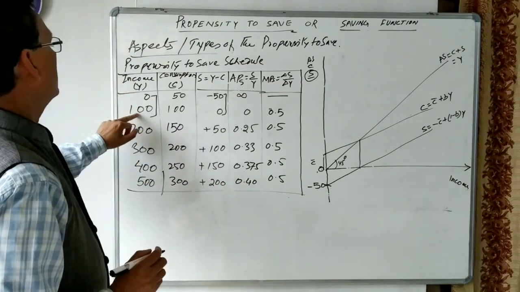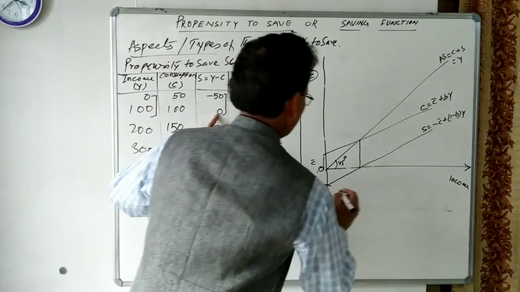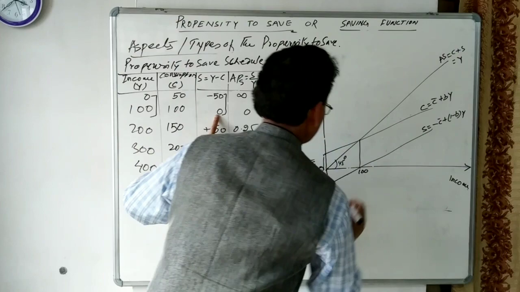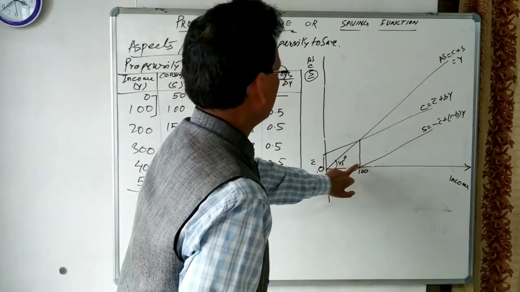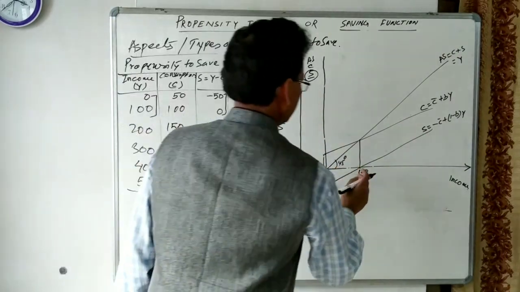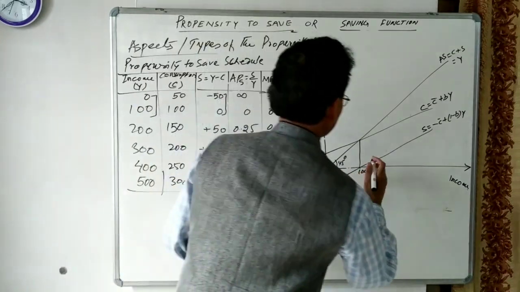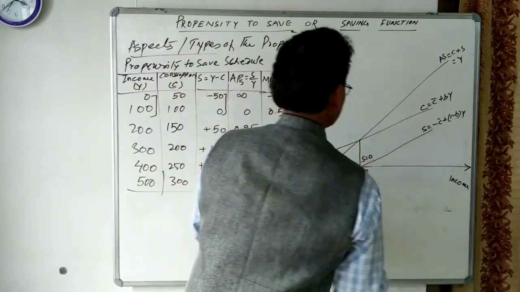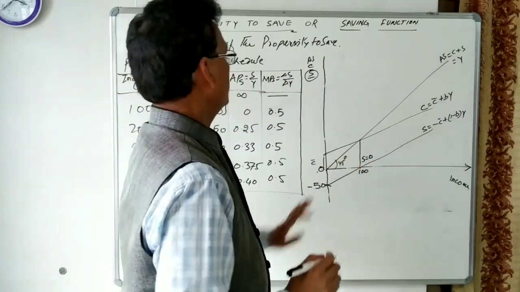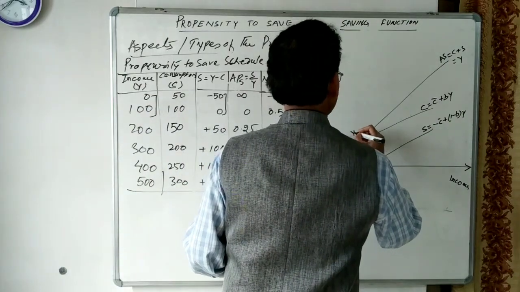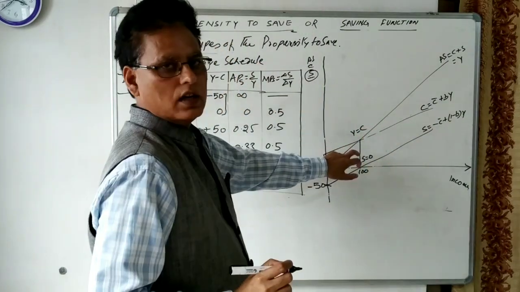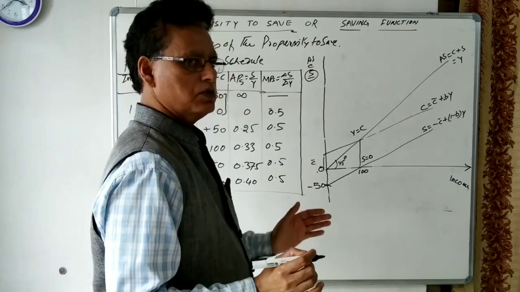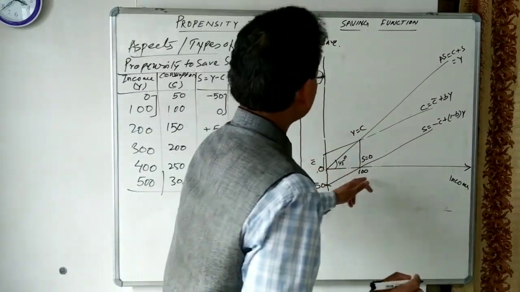When the level of income is 100, saving is 0. When the saving is 0, at this point you will see income and consumption are both equal. When income and consumption are equal, then there is no saving.